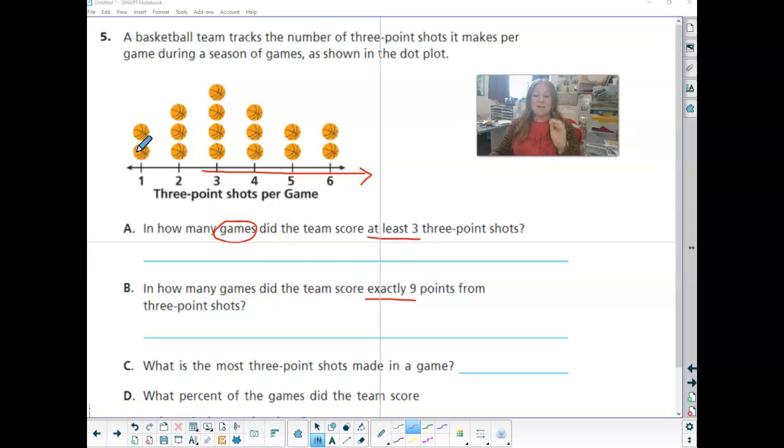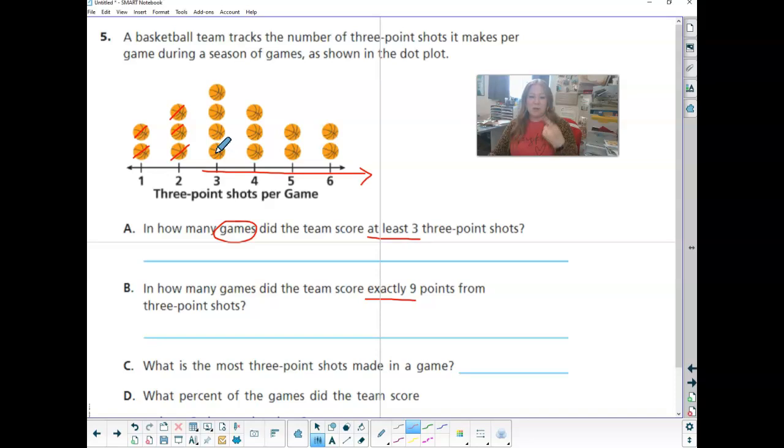So every game, this is how many 3-point shots they made. In this game, they made 1, so that was 3 points. So it's not that game. So here they scored 2 3-pointers, 3, 6. That's not 9, so it's not these ones.